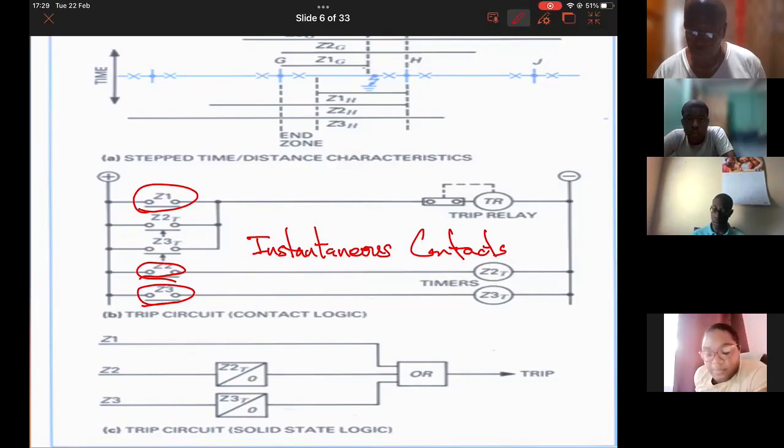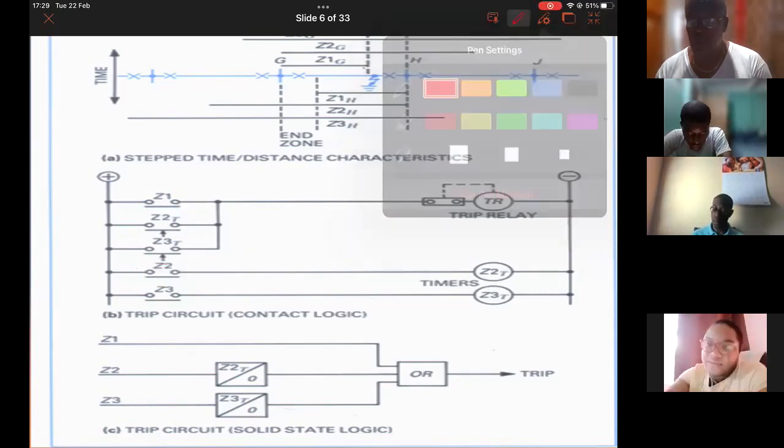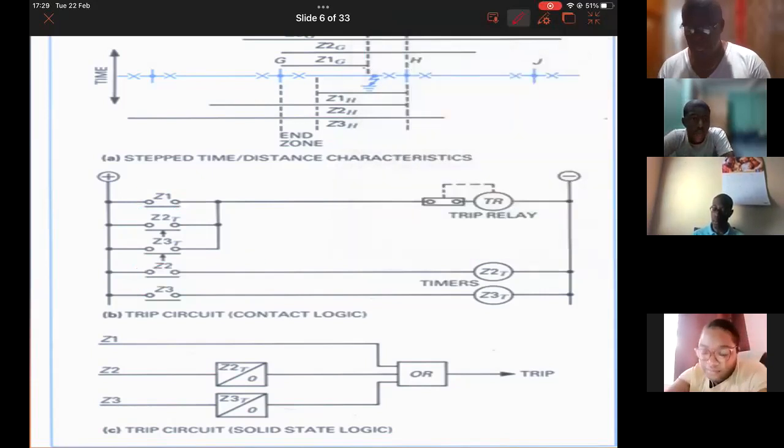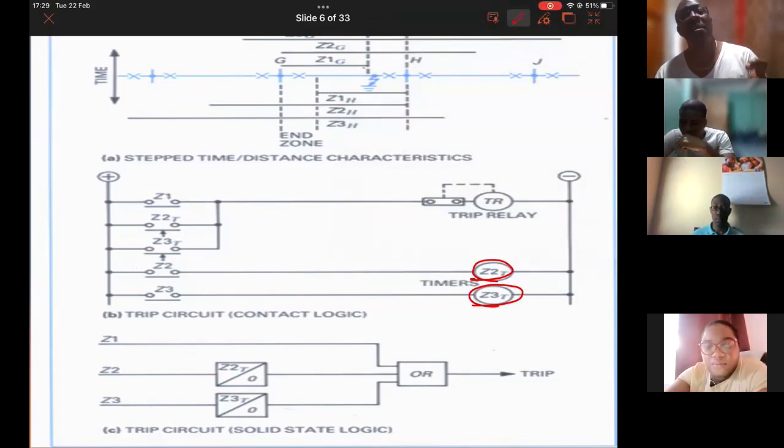Now, for Z2 and Z3, whilst they are instantaneous contacts, what they do is connect the Z2 timer and the Z3 timer to the power supply. So the Z2T that you have over here, those are timers.